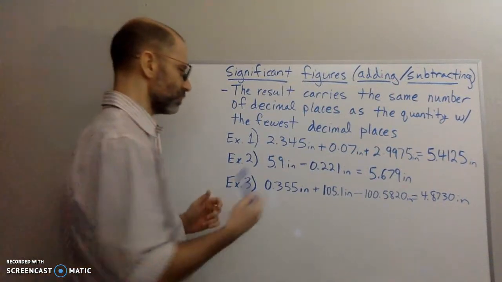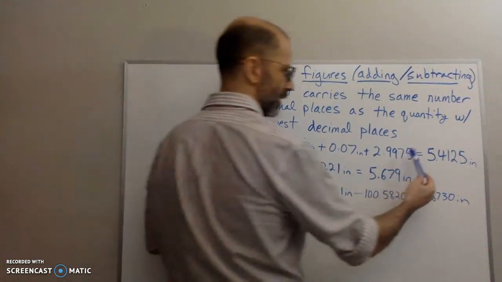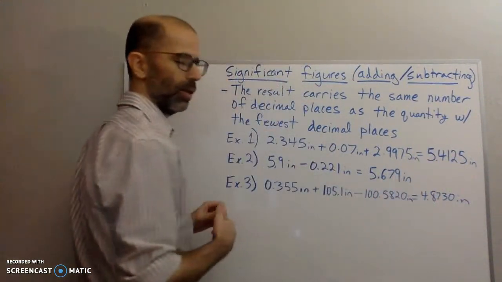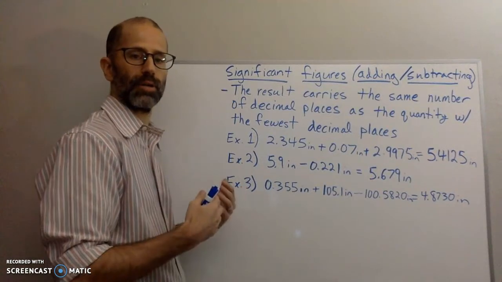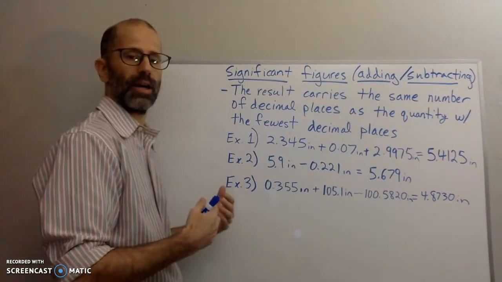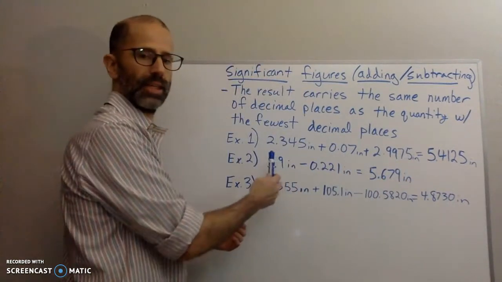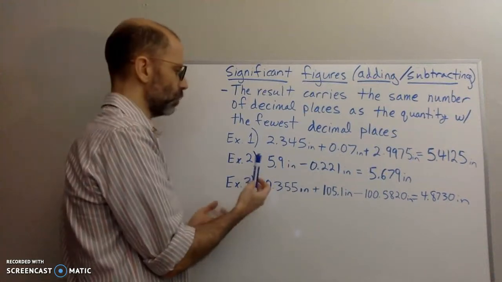Okay, so you add these three numbers together and you get this answer on your calculator. How many of these digits are we allowed to keep? Well, if we follow the rule, it is the same number of decimal places as the quantity with the least number of decimal places.